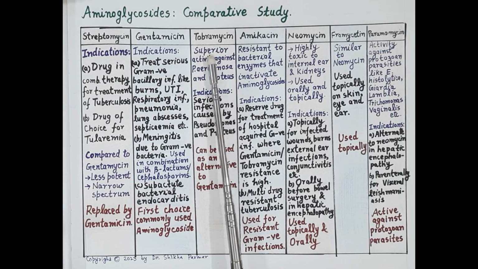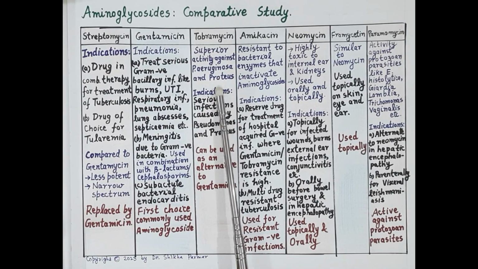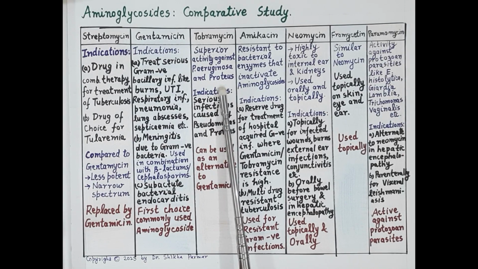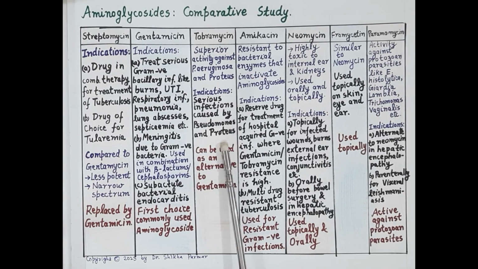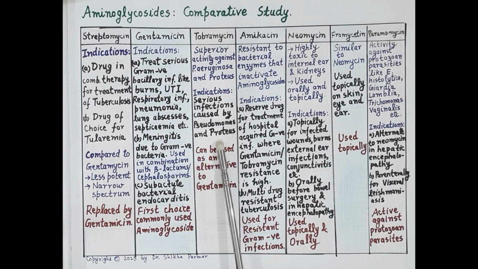In comparison to gentamicin, tobramycin shows superior activity against gram-negative bacilli, namely Pseudomonas aeruginosa and Proteus, and therefore it is used for serious infections caused by Pseudomonas and Proteus. The potency of tobramycin is equivalent to that of gentamicin, and tobramycin can be used as an alternative to gentamicin.